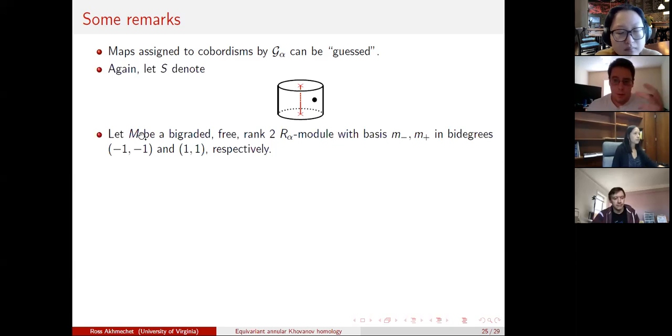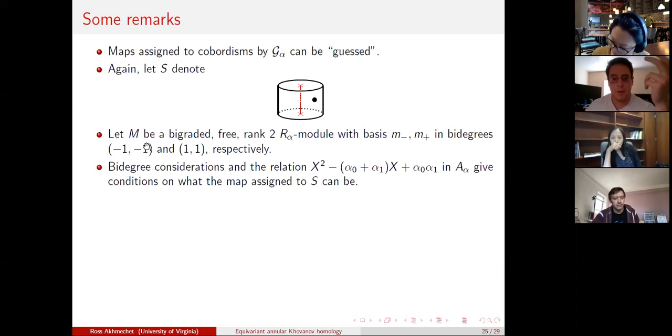Just like a similar thing that came up earlier, take some bigraded free rank 2 module with basis and these bidegrees. You're thinking of what is this theory assigned to the essential circle, and I'm calling it M. This is like the U2 obstruction that I described earlier, but it's not an obstruction in this case, of course.